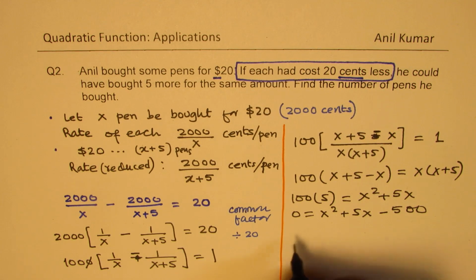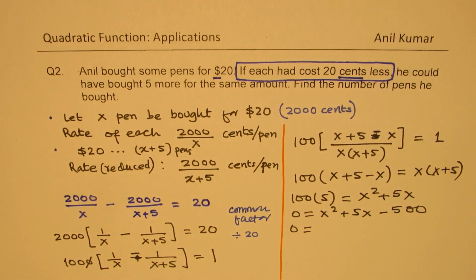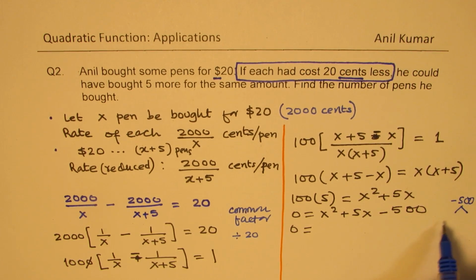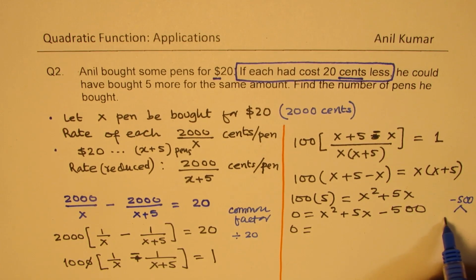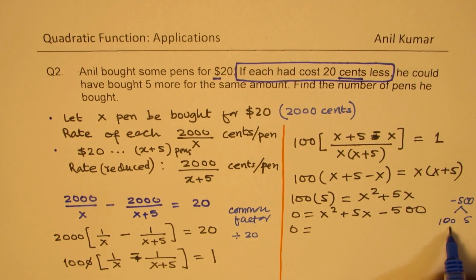Now we can factor. We are looking for a sum and product, something which will give us 500. That's a big number. So what you could do here is, we need minus 500, correct? So you could split this, saying it could be, let's say, 100 times 5, for example, right? So we know the bigger number is positive, right? So 100 could be 25 times 4.